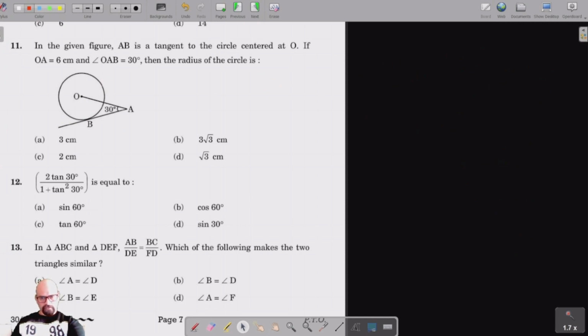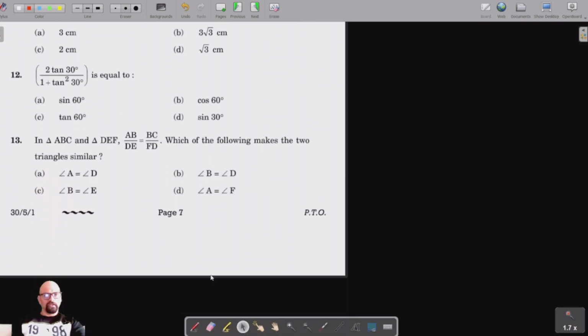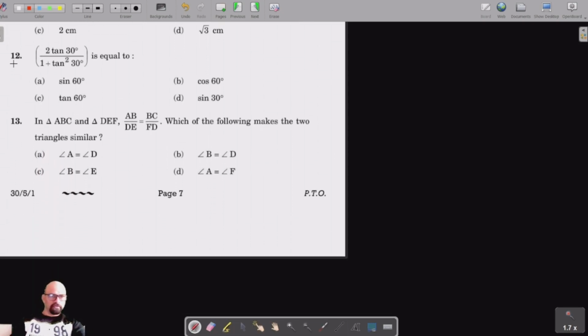Okay, for question number 12, we have to evaluate the given expression of trigonometry. So this is 2 tan 30 degree upon 1 plus tan square 30 degree.